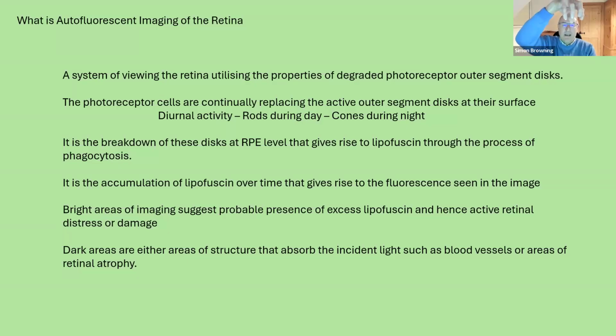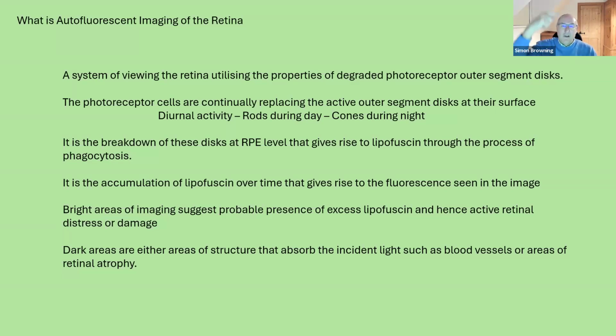So every day, 10% of that stack of CDs drops off into the retinal pigment epithelium where it's broken down and disposed of, and the lollipop stick produces a new 10% at the top. So if you think about it, the stack of outer segment discs, which are absolutely essential for vision, every 10 to 11 days, they are completely changed. And that goes on from the second you're born till the second you die.